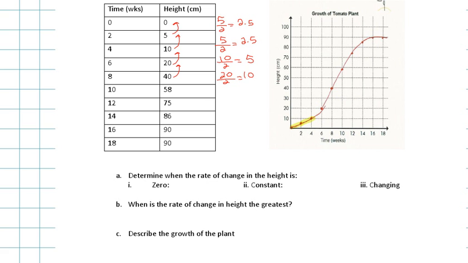It's the same 2 weeks, but it's increasing a whole box. Between 6 and 8, it went up 2 boxes high versus 1 box. Okay, we see that? So this is basically represented by 10.